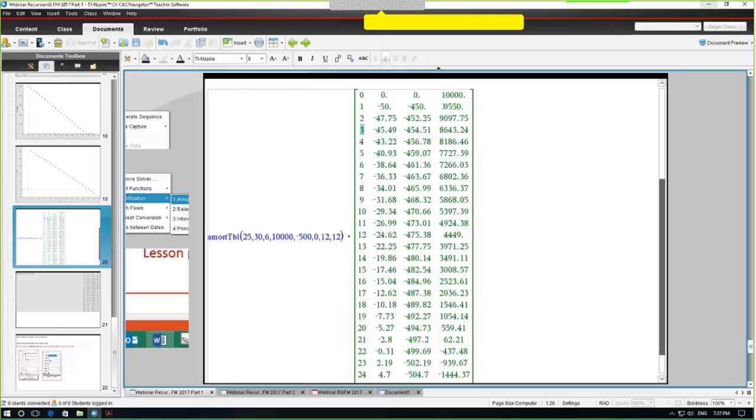So I started with 10,000. So it offsets 450, and that leaves me with a balance of 9,550. So the last column is giving us the running balance. So now if 9,550 is the balance after the first payment, the interest I'm paying is on 9,550, and the interest I'm paying at 6% comes to 47.75.